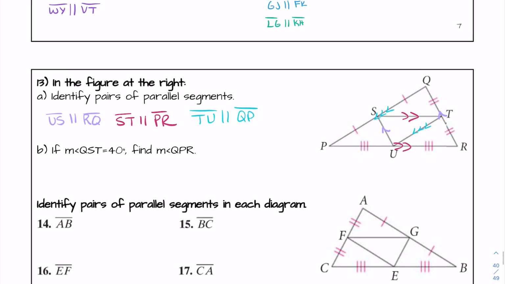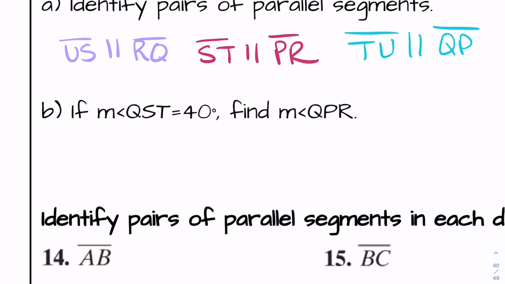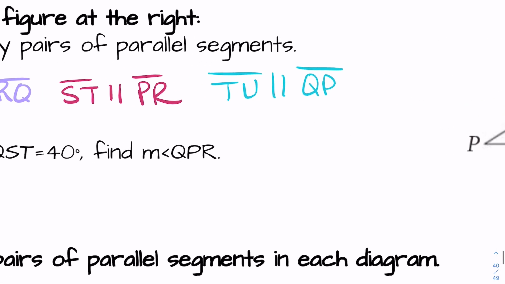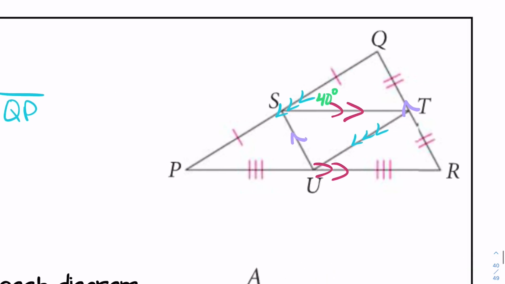All right, find the measure. If the measure of QST is 40, so QST is 40 degrees, find the measure of QPR. So QPR, take a look. QST and QPR have to be congruent because they are corresponding angles because of our parallel sides.